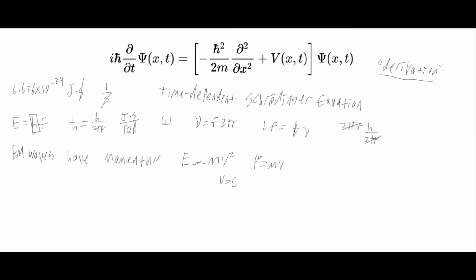And so if we want to go from this to this, we can just say that p is equal to energy, which is mv squared, and we can actually call that c squared since we know v is equal to c. And then to get rid of one of the c's, we divide by c.